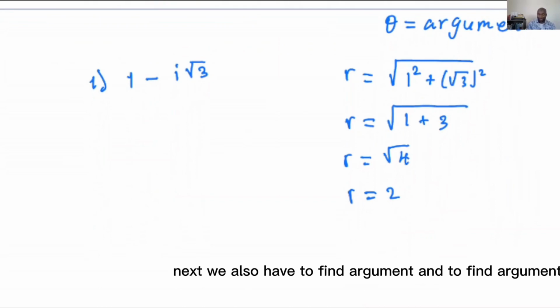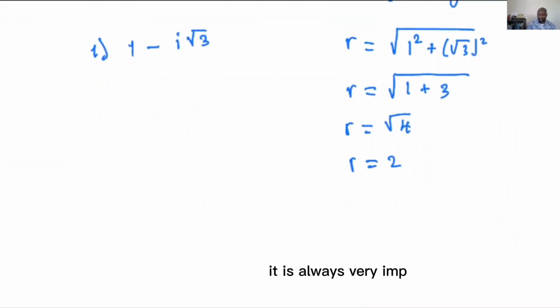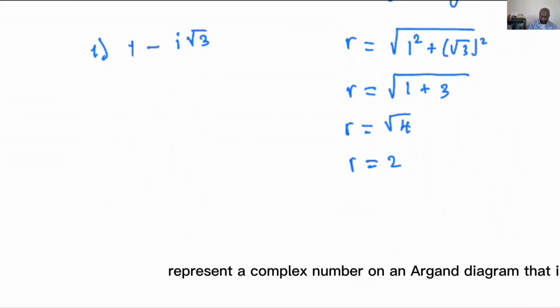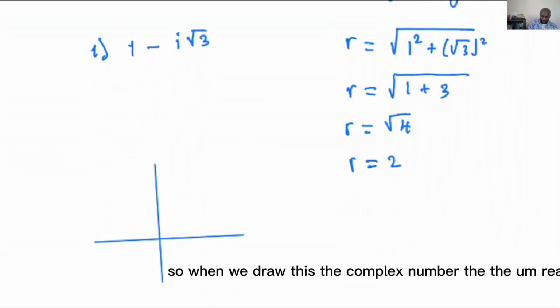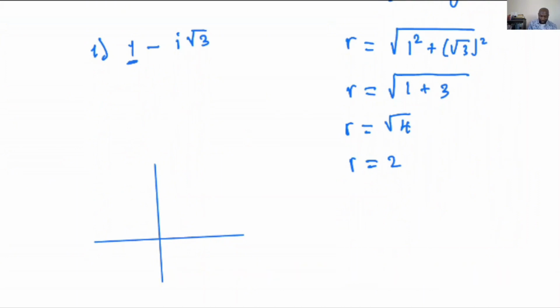And to find the argument, it is always very important to represent the complex number on an Argand diagram. So let's draw a pair of x and y axes. When we draw this, the real part of the complex number is positive 1.